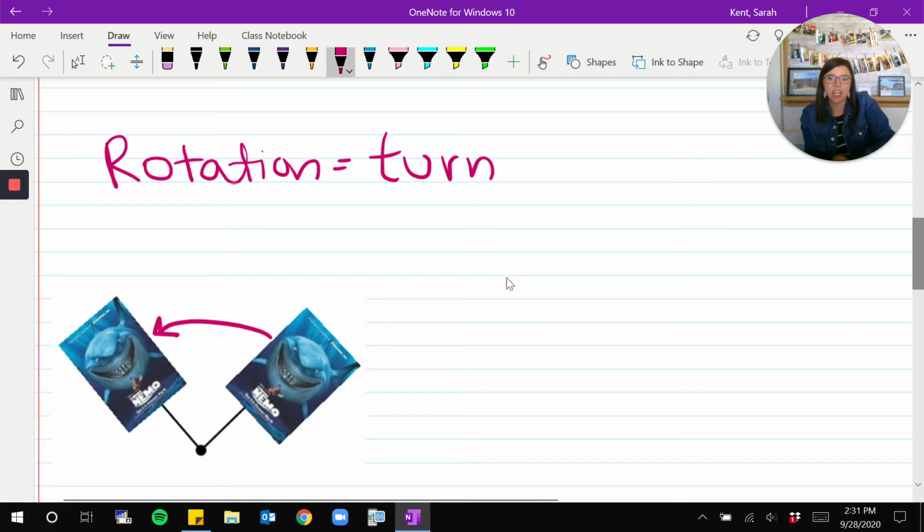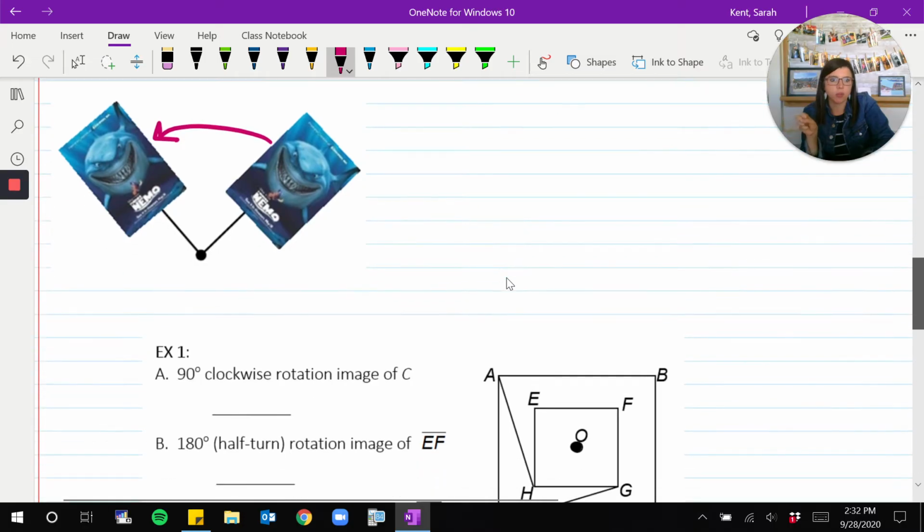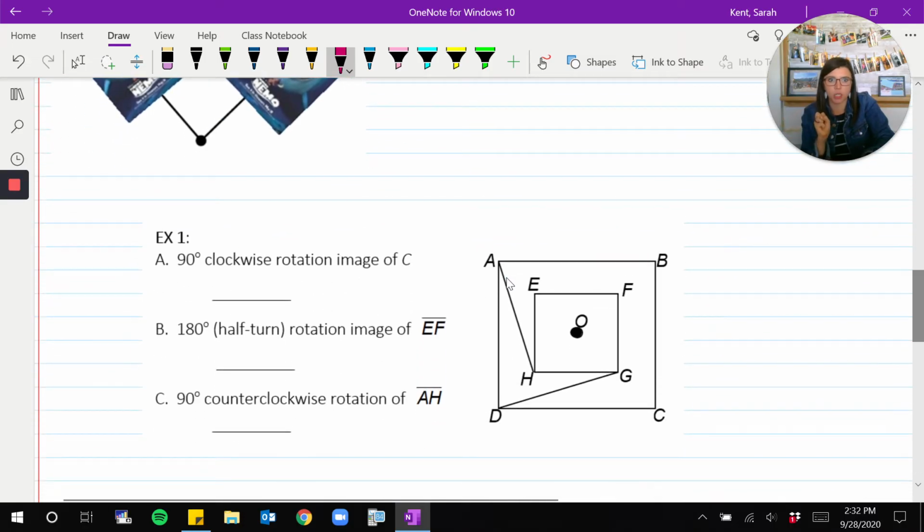We're going to get to the rules in a minute because there's a lot of them. But first, let's just look at a simple little picture with some words.